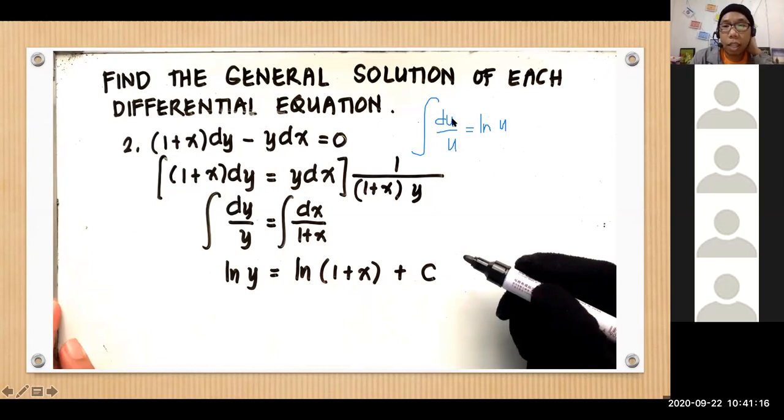So, ibig sabihin, yung nasa numerator mo, yun yung differential ni u. So, if you are to check this one, kung ito yung u natin, u is equal to 1 plus x. Differentiate mo to. This is dx, di ba? So, dx yung nasa numerator. So, satisfied niya yung formula na du over u. Kaya yung sagot dyan is ln of 1 plus x.